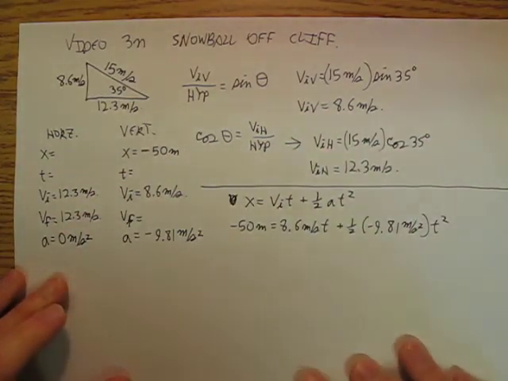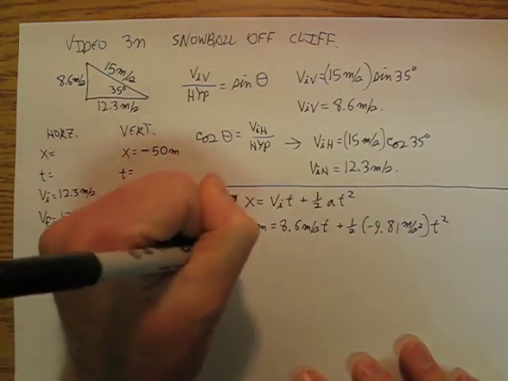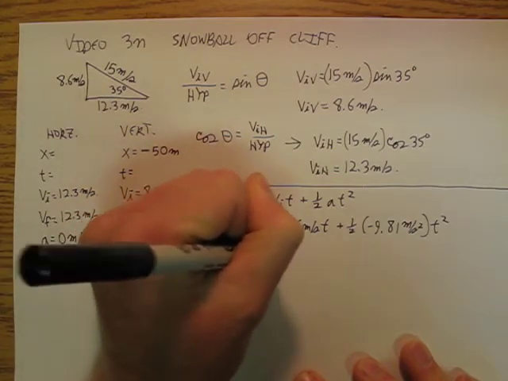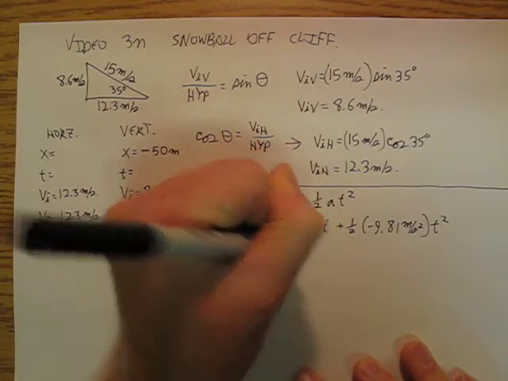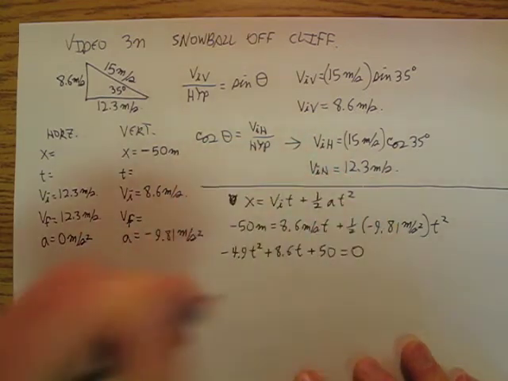Now I'm going to arrange that differently. I'm going to write it as negative 4.9 t squared plus 8.6 t plus 50 equals 0.